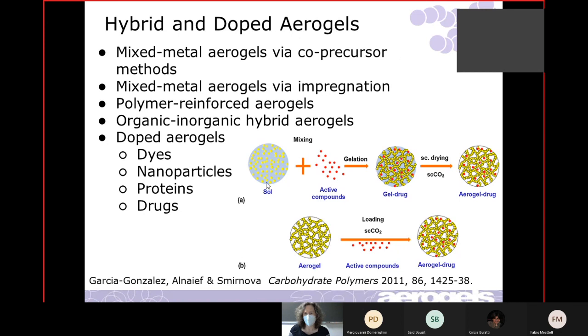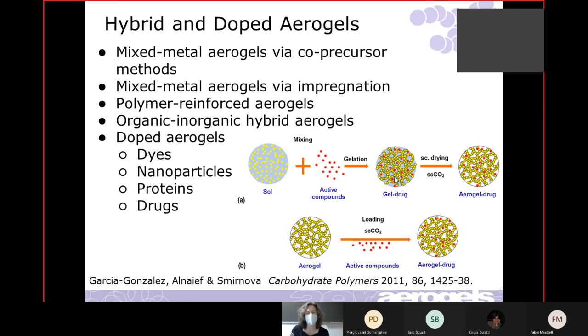Smirnova's group, she's at Hamburg, for example, has done a fair amount of work with aerogels for drug delivery. And one way that one can do this is by taking the sol and, before it gels, mixing in some active compound, a drug, so that when it gels, the drug species are simply physically trapped within the spaces in the gel.